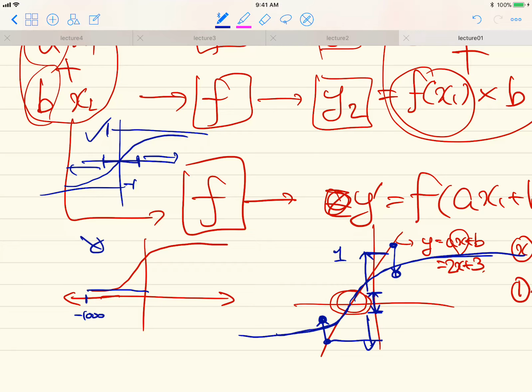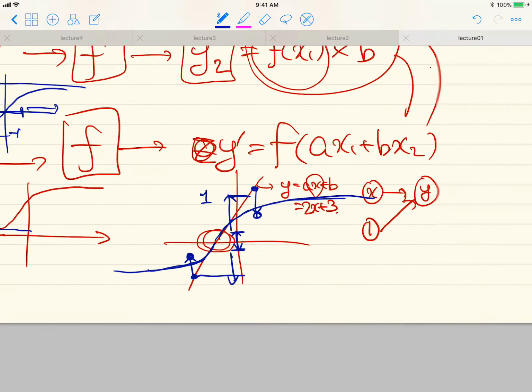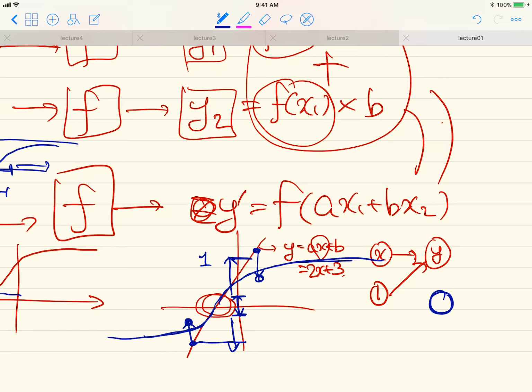If we have an additional node, suppose the second layer has multiple nodes, this guy will also have its own linear transformation representation. So if this guy was 2x plus 3, and suppose this guy was y equals negative x plus maybe 5, we have its own linear shape, right?